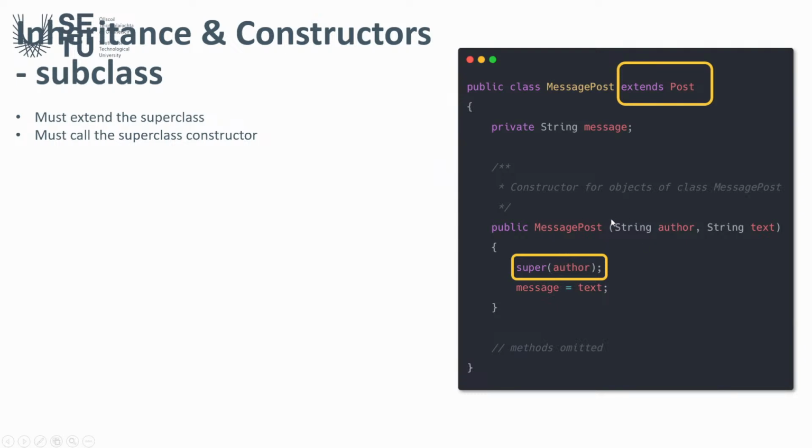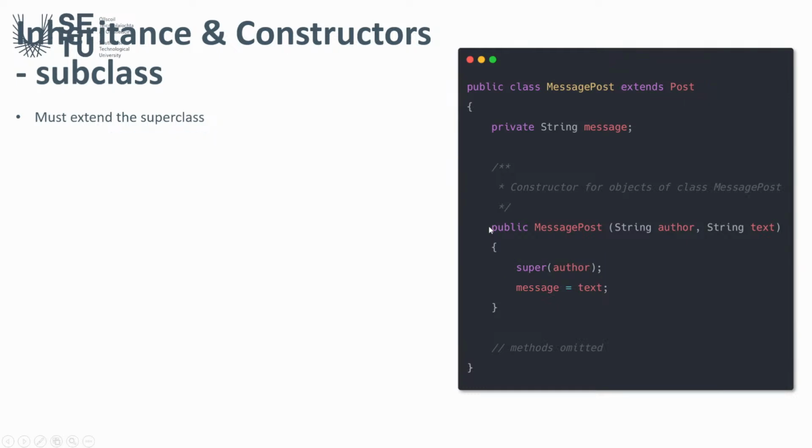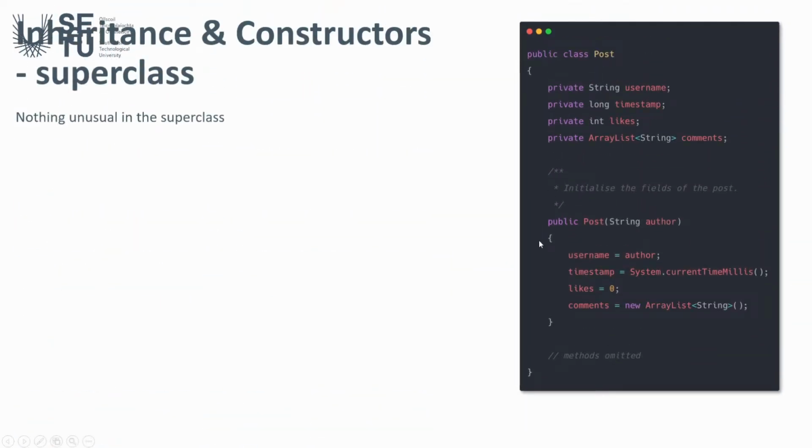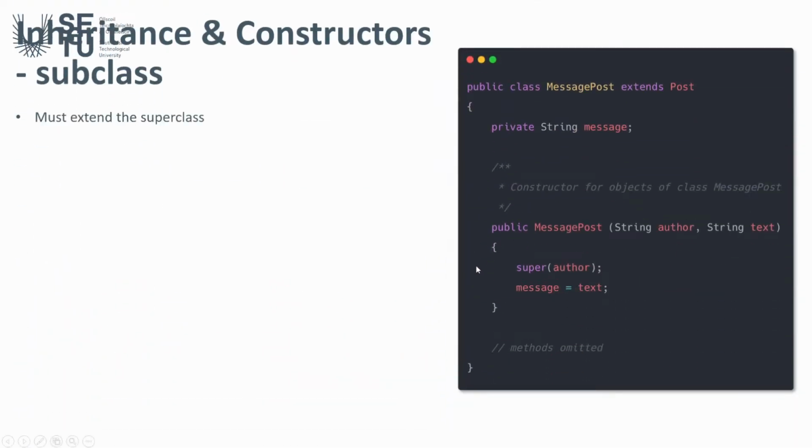So when we create a message post, we're taking in the author, and if we go back to our post constructor, it takes in one field, a string. We store that in our username, and then we give the other 3 fields defaults. We get the current time, we set likes to 0, and we create our array list. That's what super is doing. It's calling post, and then we assign the text to whatever the message is.